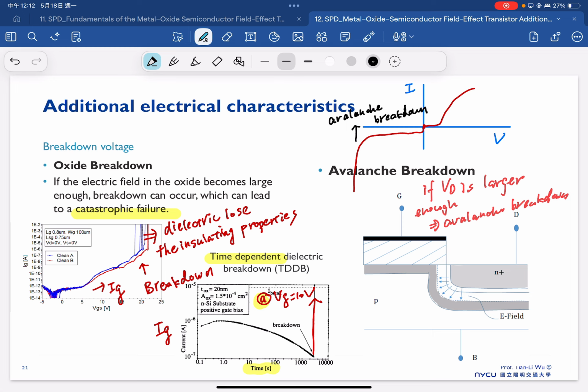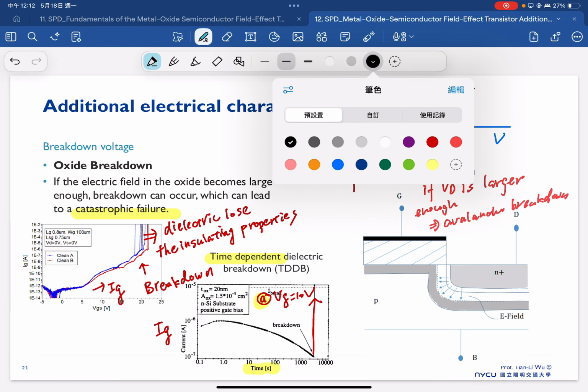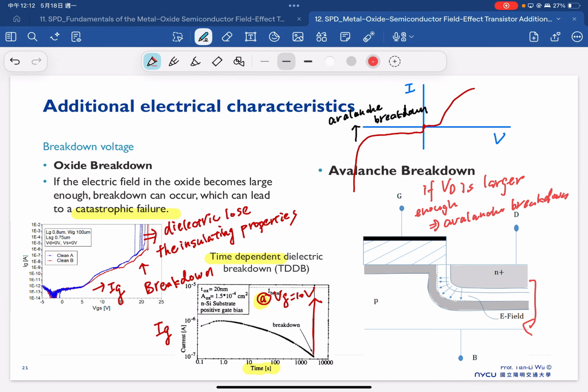And this happens for the PN junction under reverse bias, and also in the MOSFET at the drain side. This is reverse bias for the PN junction. So we still have a reverse bias in the PN junction, so we can expect avalanche breakdown, the same mechanism, to happen at the drain side.